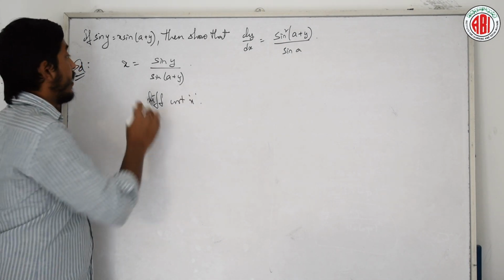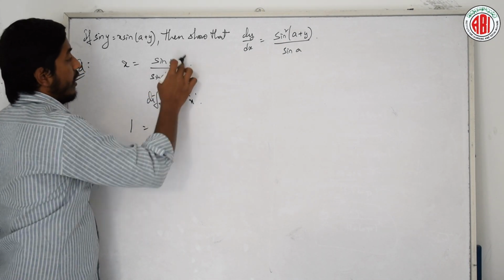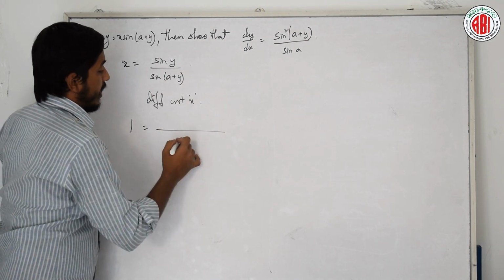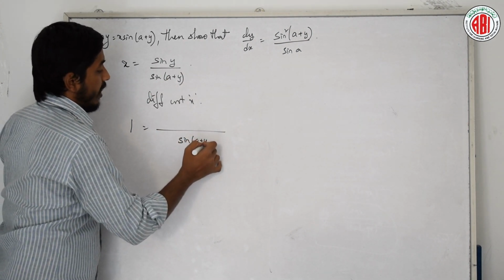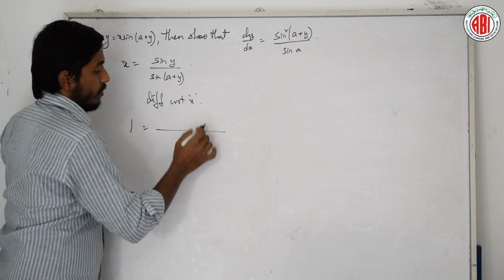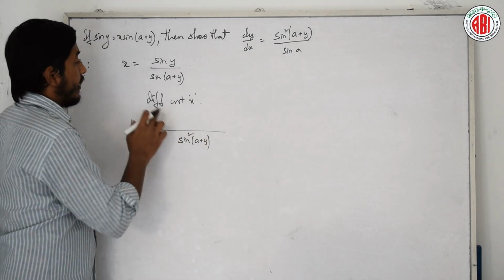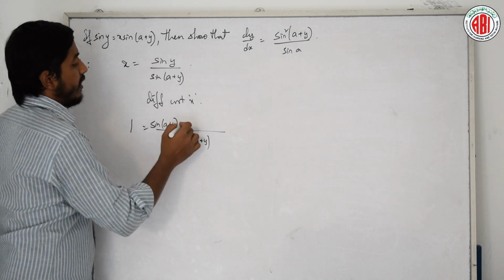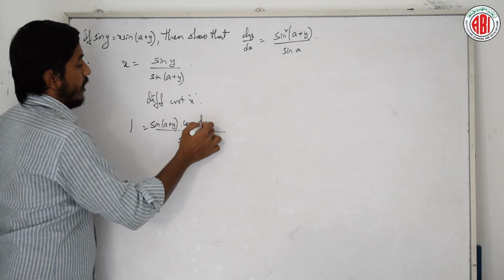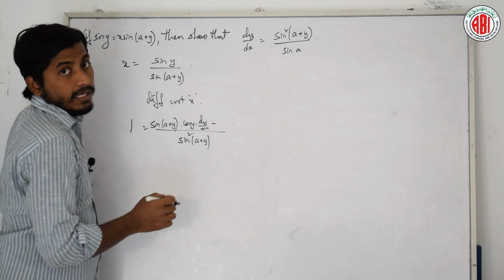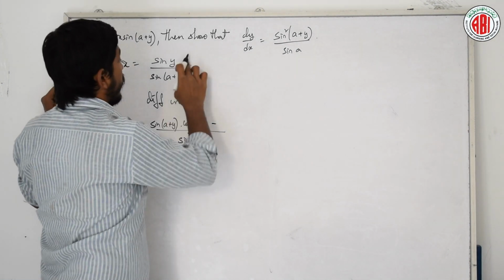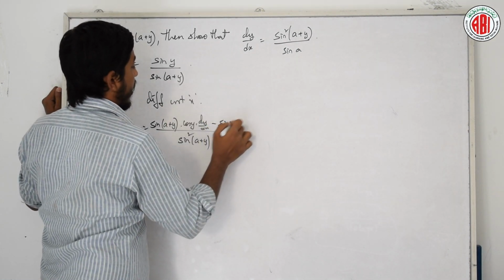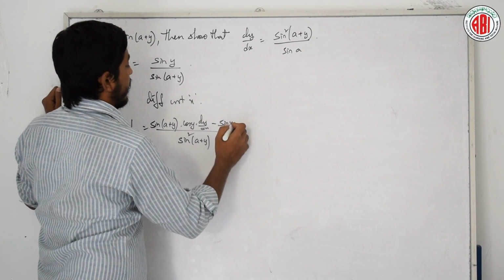What will it be? Differentiation of x is 1. Here u by v, that is sin (a plus y) whole square, right? Then v u dash: sin y's differentiation is cos y into dy by dx. Is it right? Minus u v dash: sin y into, what is this?